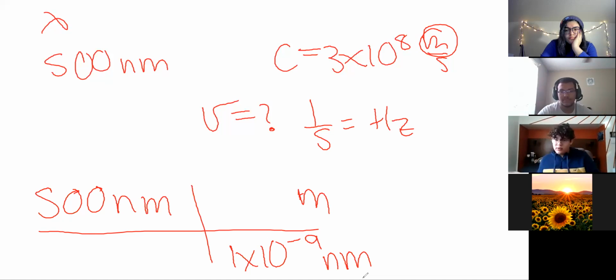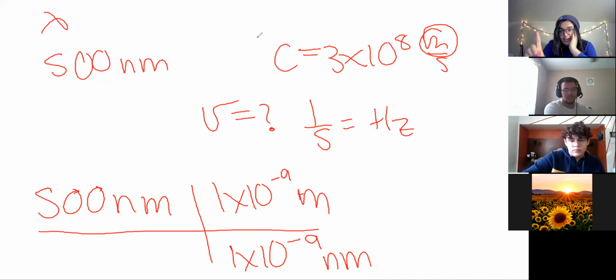Well, I'm saying negative 9 because I believe it happens to a lot of us, and calculators are weird. Yeah, and that's the way you have to plug it in. You can use the negative 9 if you say there are 1 times 10 to the negative 9 meters in 1 nanometer.